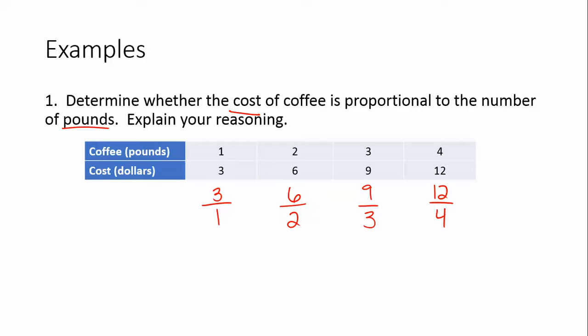And similar to the example in the definition, this is in fact proportional. These all reduce down to 3/1. And because they all reduce down to 3/1, this is proportional.